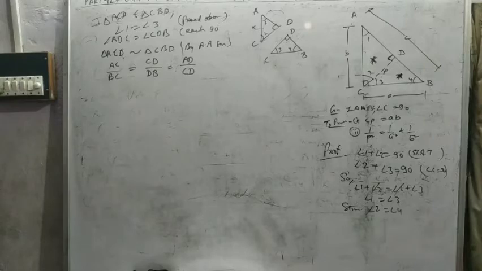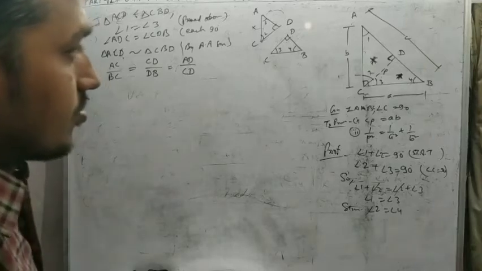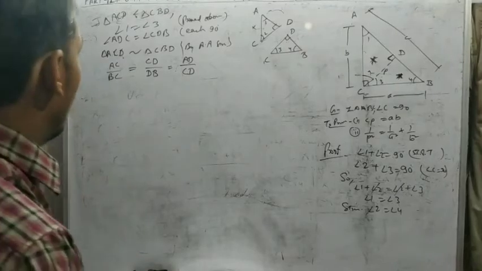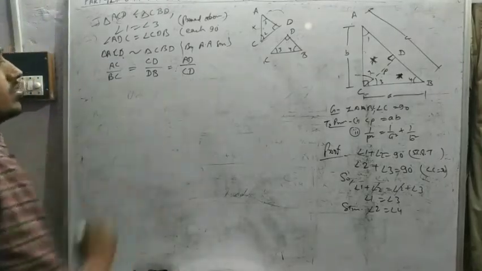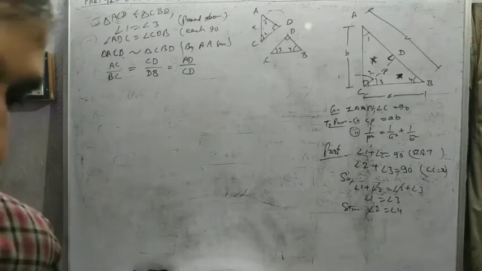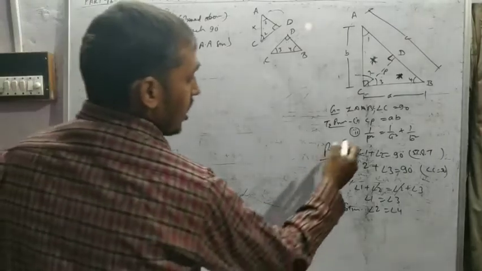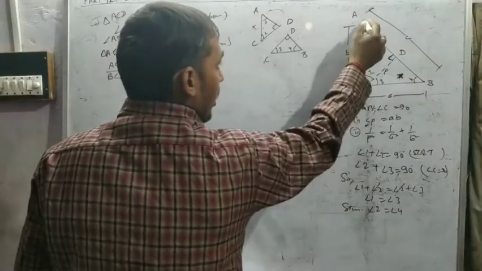But you have to prove these two triangles, so these corresponding sides are equal. But if you see it only for this, you have missed this AB.